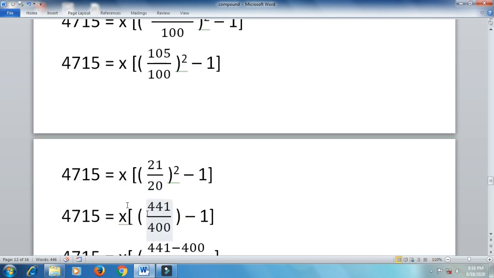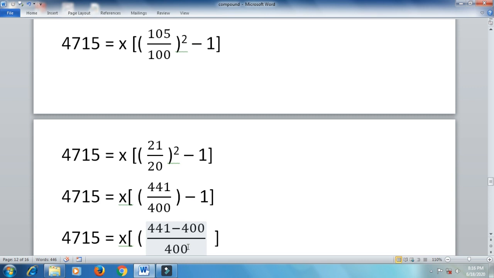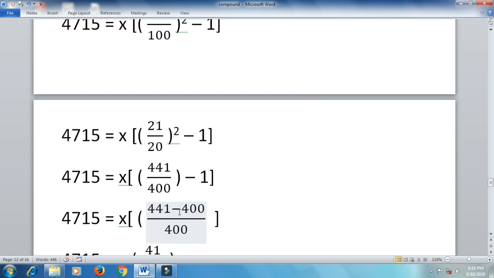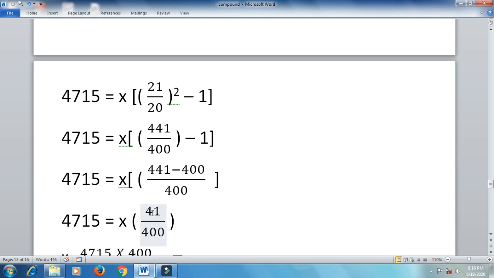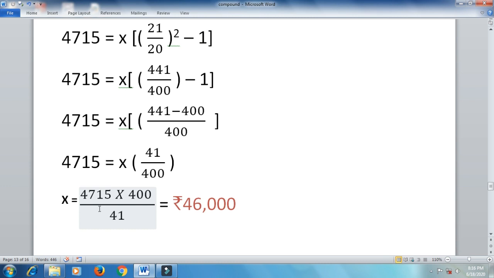So in the next step, 4,715 is equal to X into (21 by 20) whole square minus 1, that is 441 by 400 minus 1. Take the LCM as 400. 441 minus 400 results as 41 by 400. Do the cross multiplication, then X is equal to 46,000. That means the principal amount is 46,000.